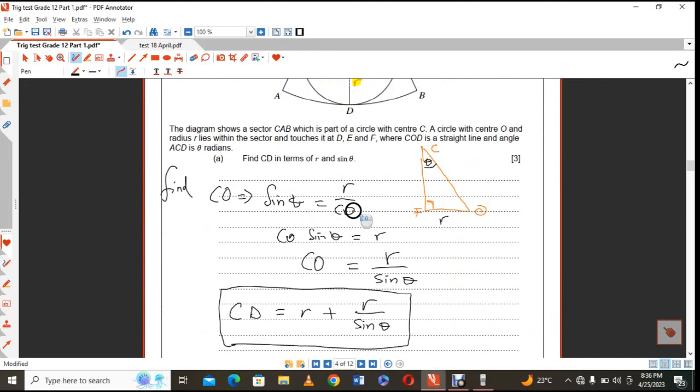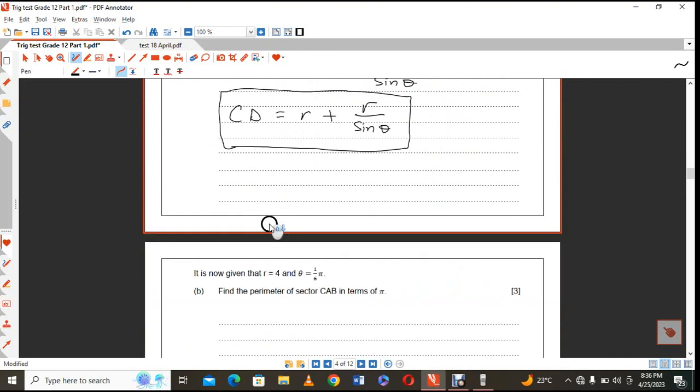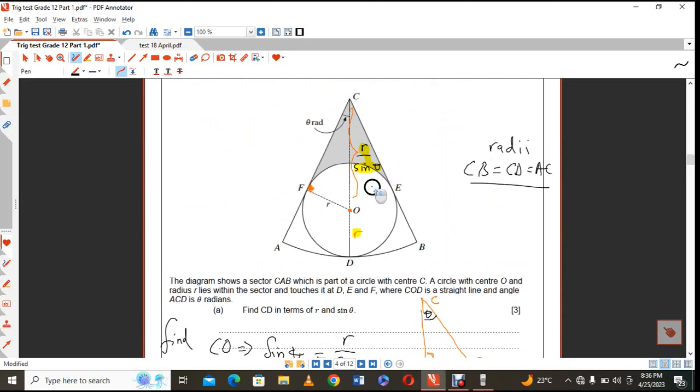First I'm going to find arc AB. For an arc length, you can look at the list of formulas below the question paper. First, what is the radius?